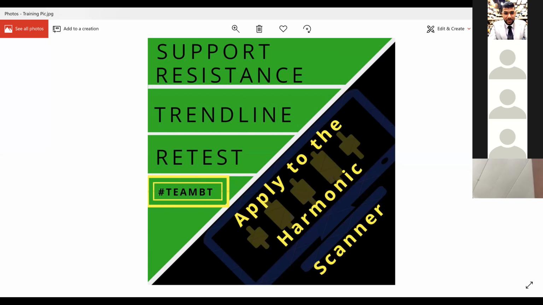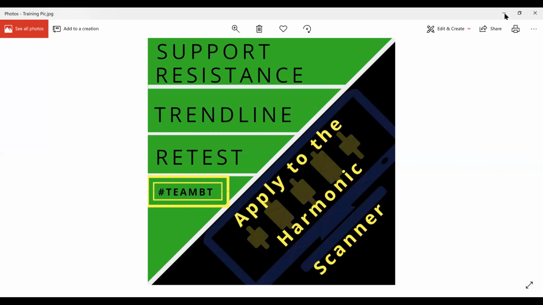It's at the same zone. You guys following this? The same areas of support and resistance, the same areas you're gonna get your retest. It's the same area that you're looking for.